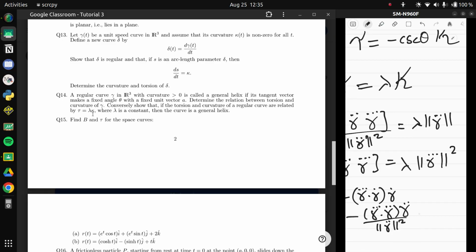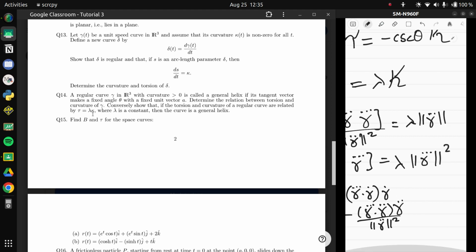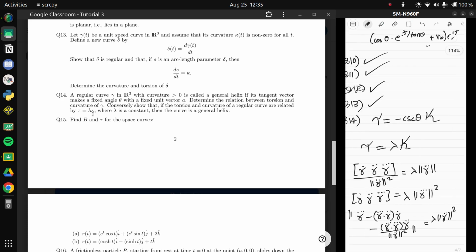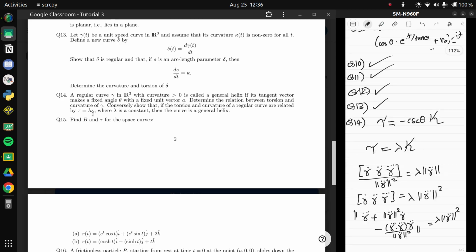That is the reduced thing. This guy's magnitude has to be equal to lambda squared. Now what can we do about this? Well, the first thing is that gamma triple dot dot gamma dot is just the negative of gamma double dot squared, so you can replace that by that. So it just becomes plus. Okay, that's one thing.